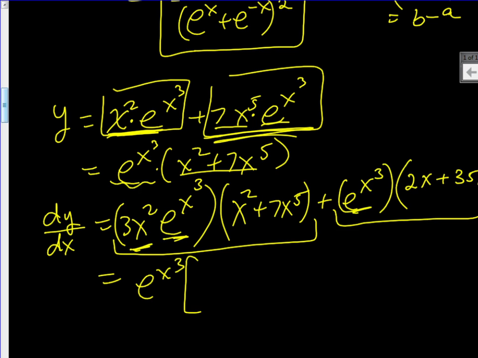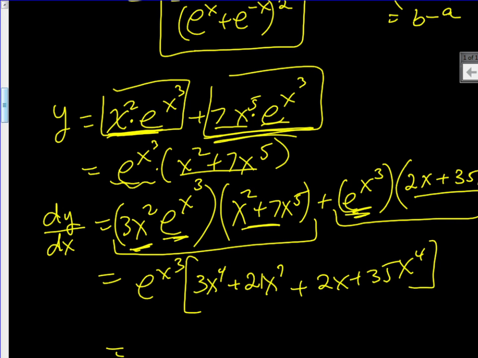And then you have this times that left over. Let us distribute: 3x to the fourth plus 21x to the seventh. Plus, we factored out this, so we have that left.